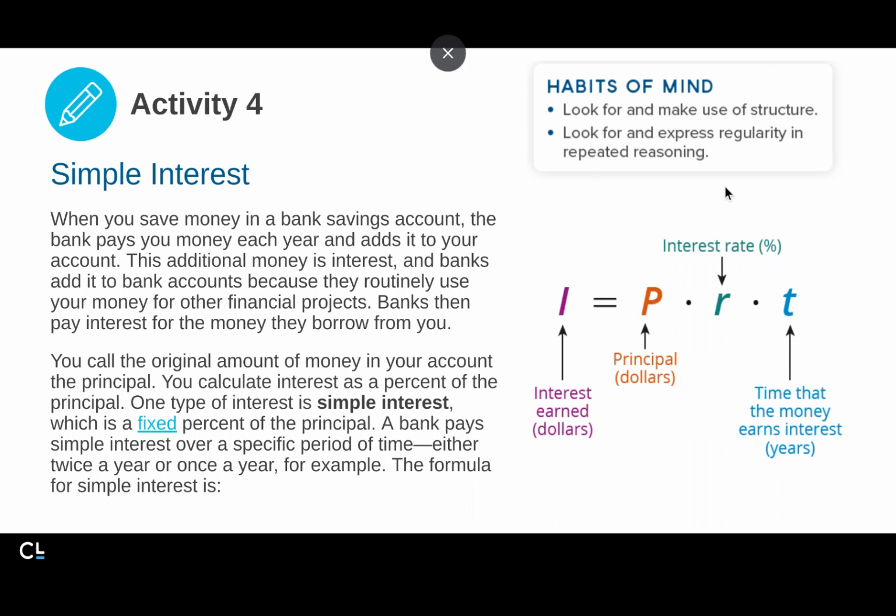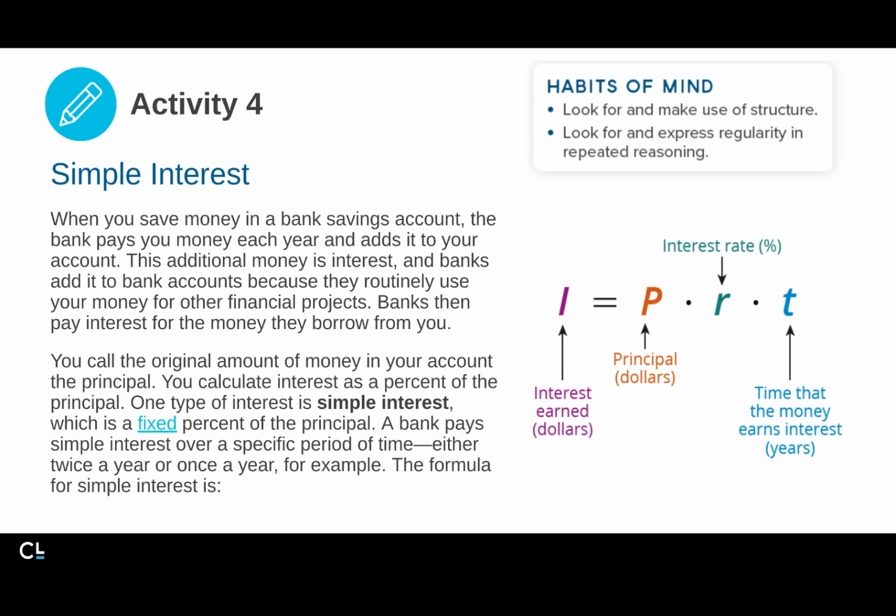All right, so I like to think about habits of mind, and I'm glad that this is here. We are looking for and making use of structure and looking for and expressing regularity in repeated reasoning. So when we talk about simple interest, we're going to think about saving money in a bank account, a banking account, or at a credit union.